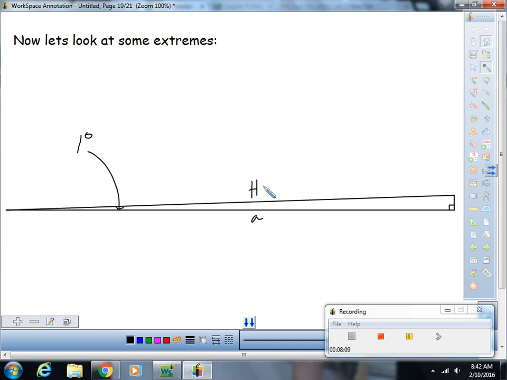So type in cosine of 1. Do you get something that's very close but less than 1? Okay, now type in cosine of 0. Does that make sense? If the angle is 0 degrees, what has happened to this opposite side over here? It's gone.